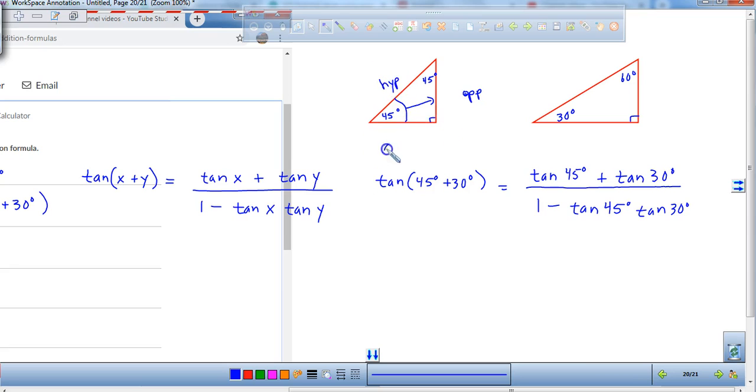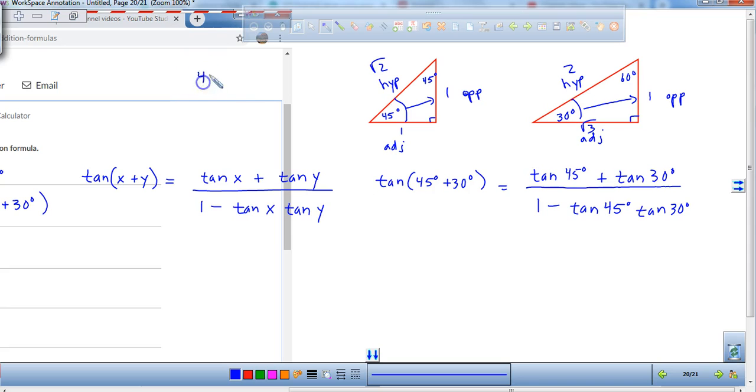Here's our hypotenuse, and here's the adjacent side. Here's our 30-degree angle right here. I'll label this as our opposite side. Here's our adjacent side, and here's our hypotenuse. So right here, I'm going to do 1, 1, radical 2, and here I'm going to do a 1, a radical 3, and a 2.